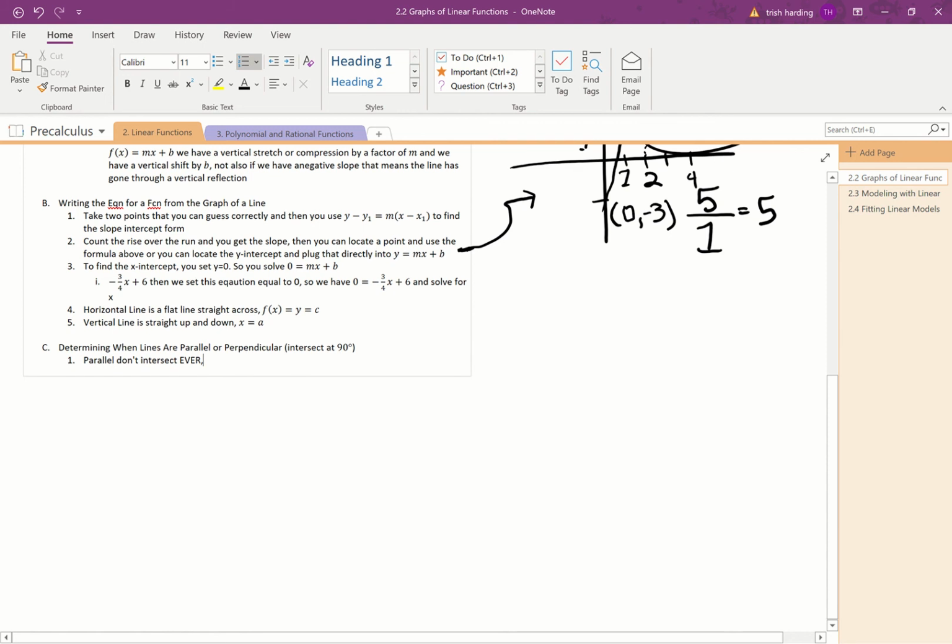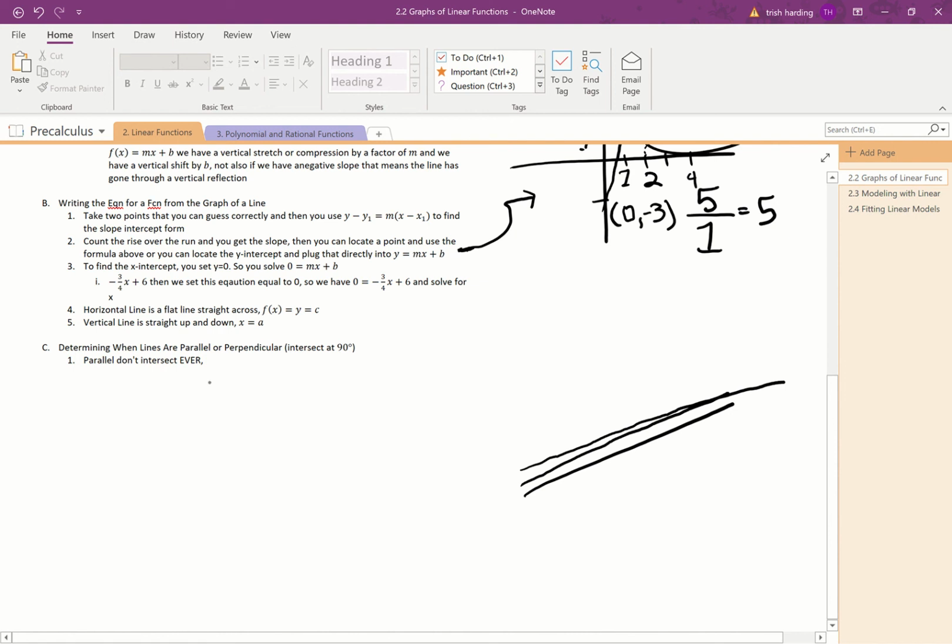Right? Because let's say I have a line. Unless I have another line with the exact same tilt, it's going to eventually intersect. Like, let's say I have a line that has slightly less tilt. Oh, do you see how they eventually will intersect?